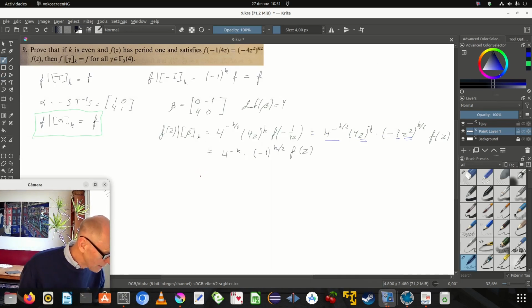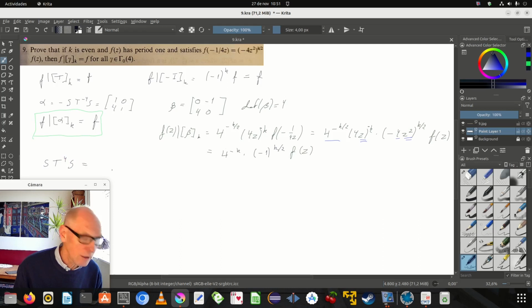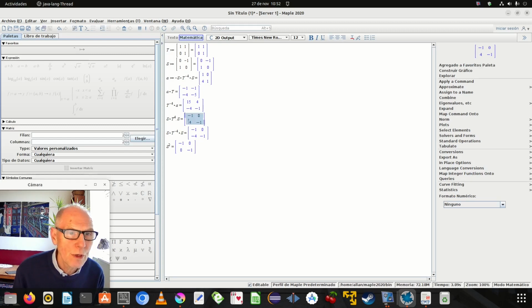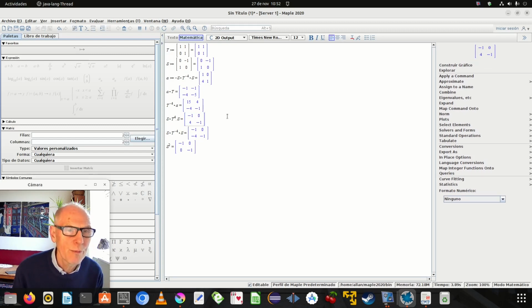So of course we have the case n equals 4, and then s t to the fourth s equals, and we can of course use this one as a generator as well. So we'll just check what it looks like. Oh, I had it here. So it's minus 4, 1, 1, minus 4z. That makes a slight difference.